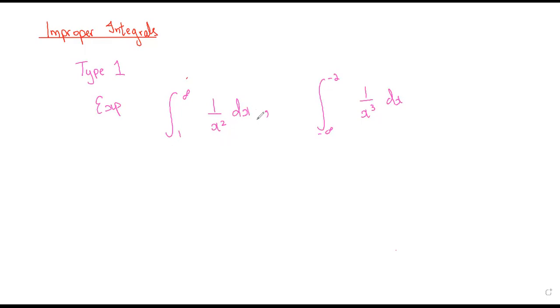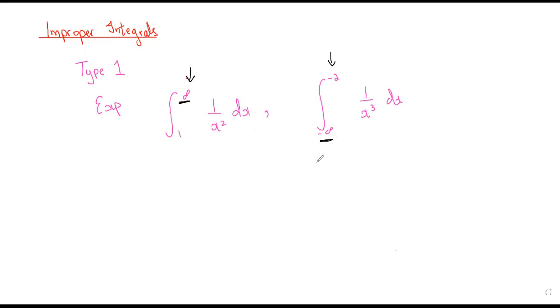They are improper integrals because of the limits. If I talk about the first example, one limit is infinity. If I talk about the second example, the lower limit is minus infinity. If one of the limits is infinity, that integral is considered an improper integral.